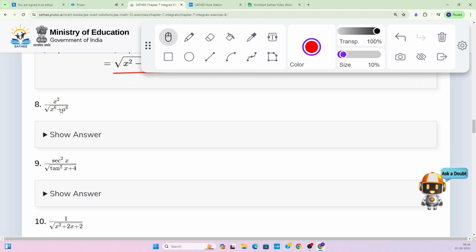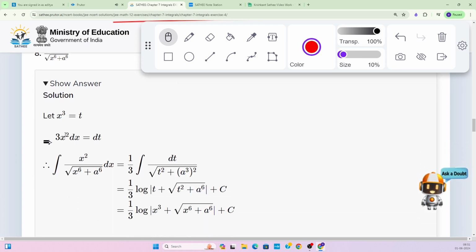Now, same thing. 6x cube can be taken as t. So putting x cube as t, you will have dt equals what? 3x squared dx. Now this integration changes, because of this substitution x cube equals t, to dt by 3 root of t square plus a cube square.